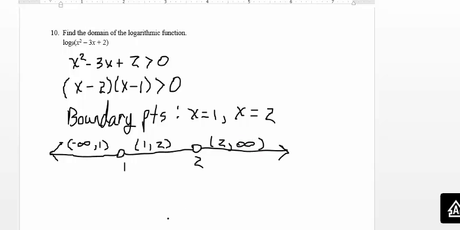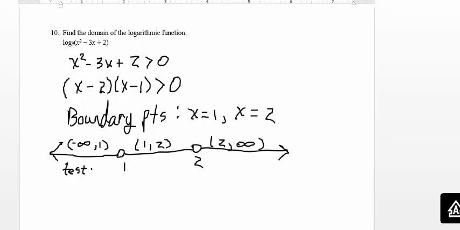Now, first of all, remember that our function, we basically need to make sure that what goes into the function is positive. So we need x squared minus 3x plus 2 to be positive. So let's pick a test number in this interval.